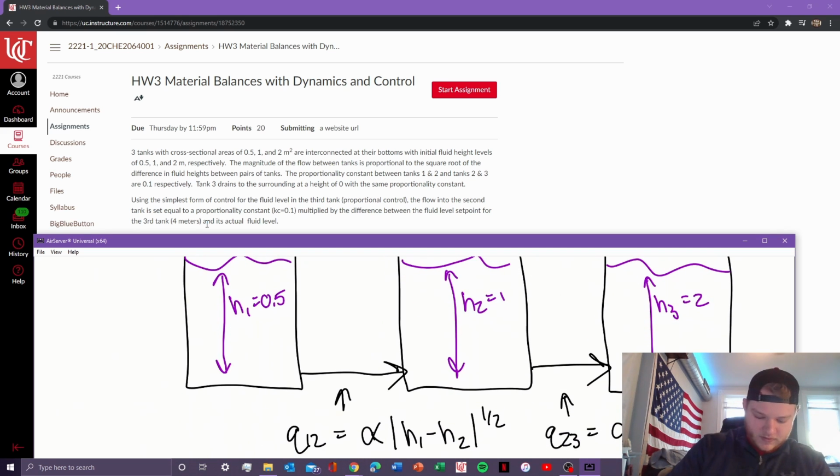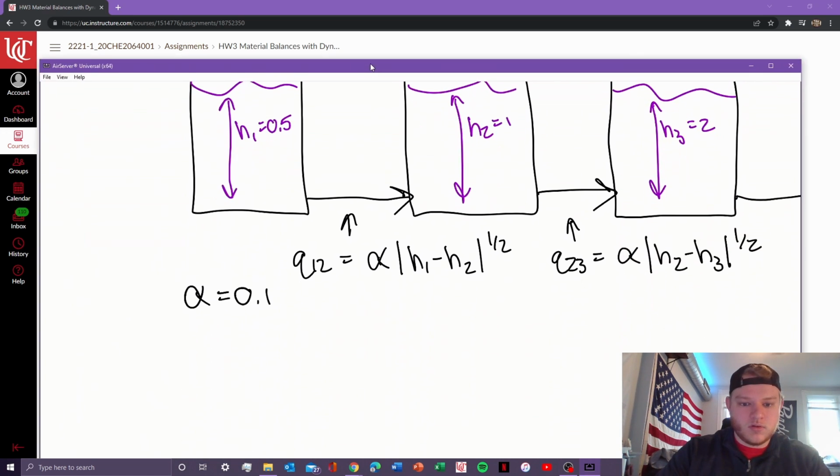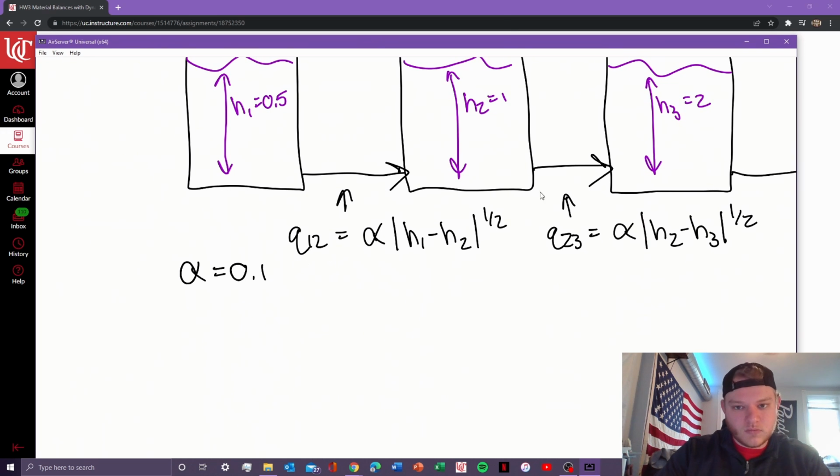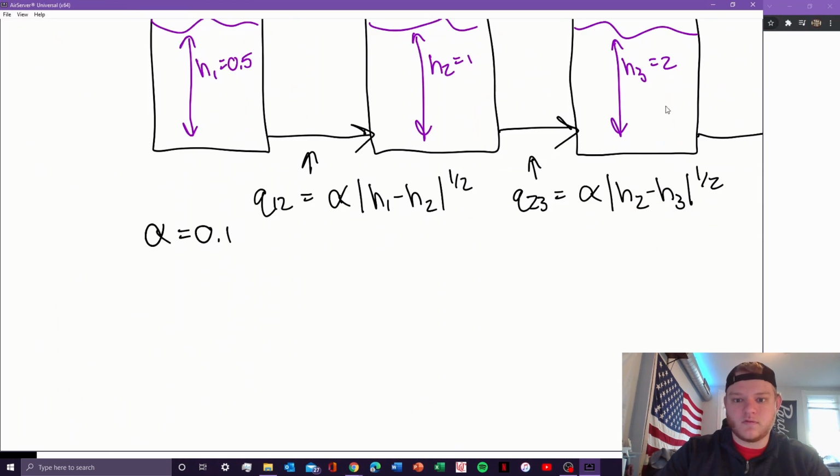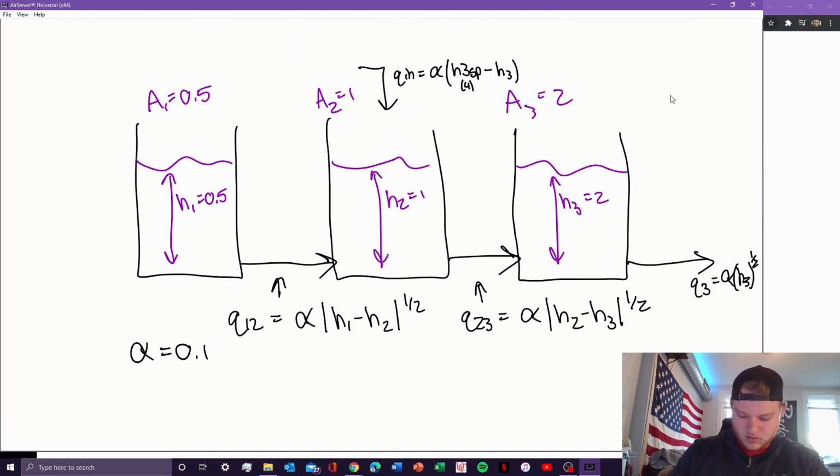The proportionality constant is equal to 0.1, because it says that right here. Alright, let's make this full screen since we're done referencing that.